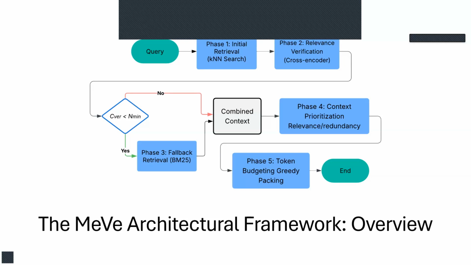And then in our case, we chose 512 tokens as the limit, and it uses a greedy packing algorithm which structures from the most critical and useful information and then continues based on priority until you hit the 512 limit.